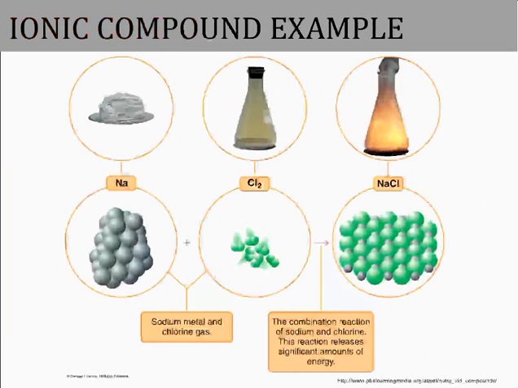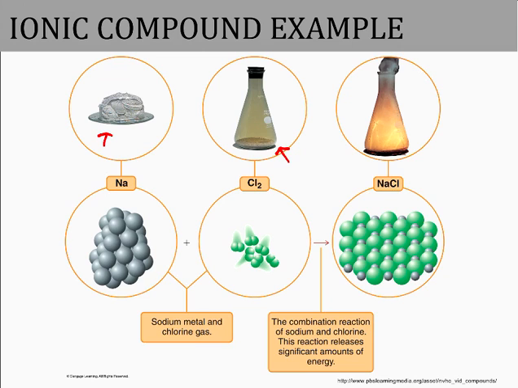Okay, so let's look a little bit more closely at sodium chloride. So if we want to make sodium chloride, we would start with pure sodium and chlorine gas. And we saw previously that chlorine gas has sort of a yellow-green color to it. And chlorine gets its name from the word chloros, which in Greek means yellow-green.